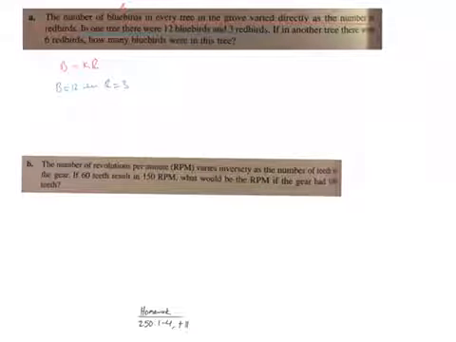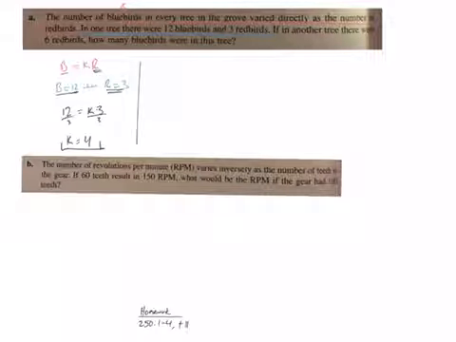Using this information, I can solve for K. So 12 is equal to K times 3. Dividing both sides by 3, I get K is equal to 4. So now I have my direct variation equation: B is equal to 4R.